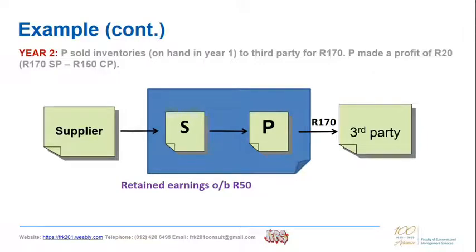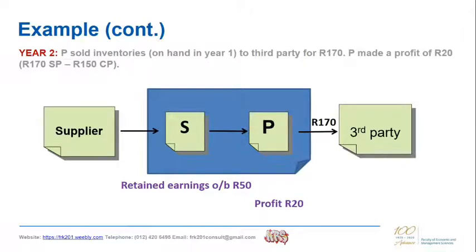Remember, my starting point in year 2 is the separate trial balances of ACE and P. I did not eliminate the profit from the separate financial statements of ACE last year. I only eliminated on group statement level. So the retained earnings opening balance of ACE in the trial balance still includes the 50 Rand profit.